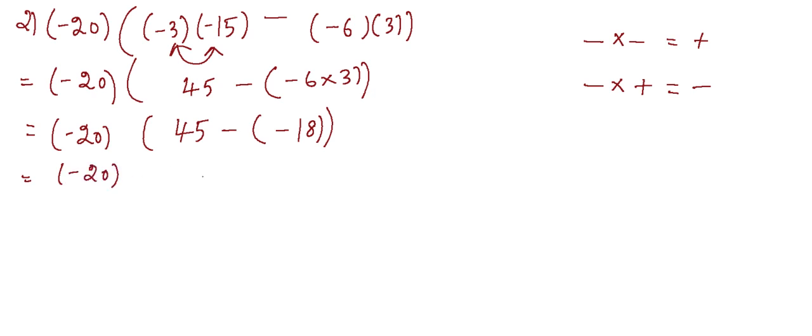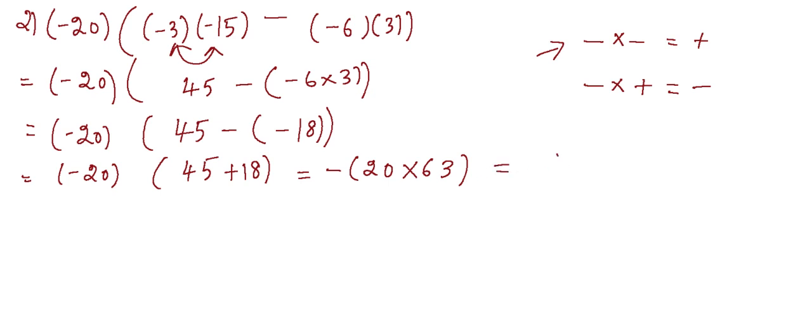Always you have to write step by step, then only you will not make any mistakes. Okay. So you write 45 here. What is minus into minus? As I have mentioned already, it is plus. So 45 plus 18. So here you have 20 into 63.